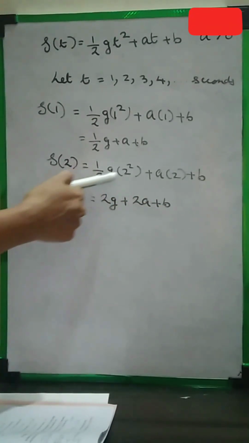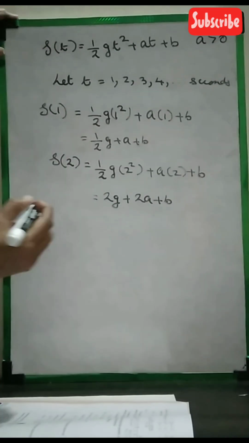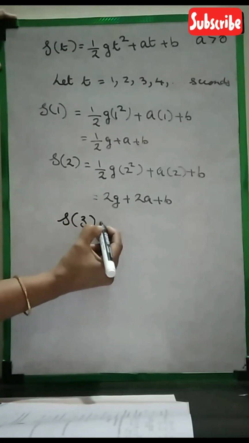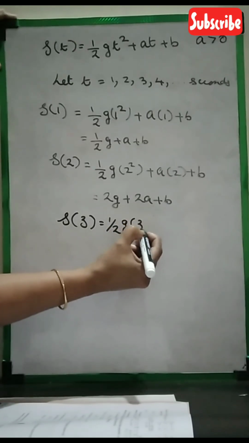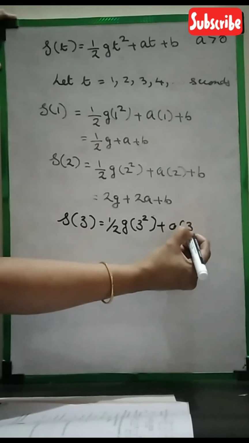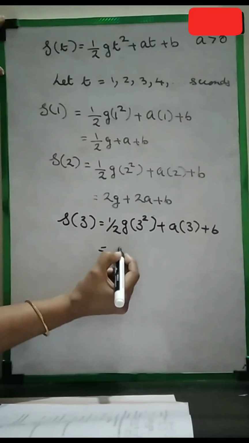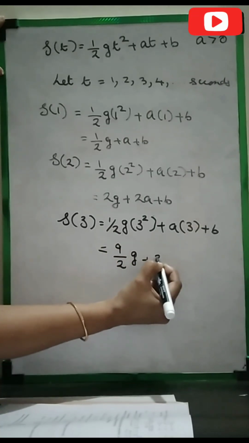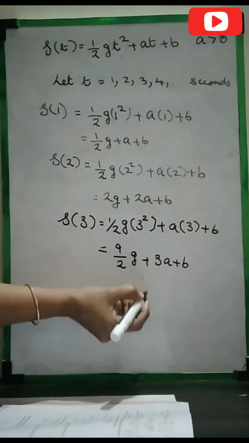This is 4 by 2. Next, let us see what we get when the time is 3 seconds. s of 3 is equal to half into g into 3 square plus a into 3 plus b, that is equal to 9 by 2 g plus 3a plus b, and so on.